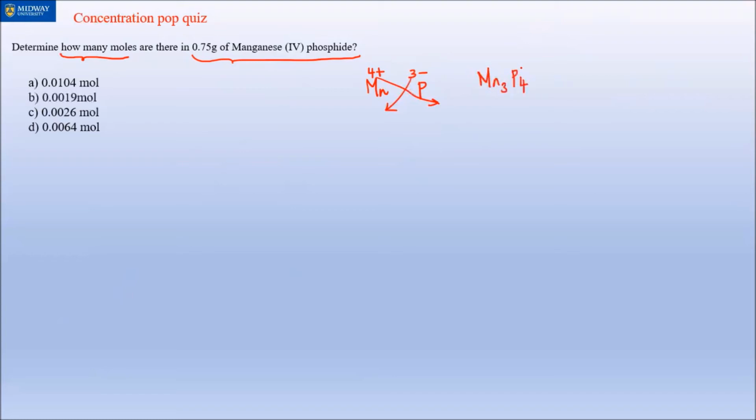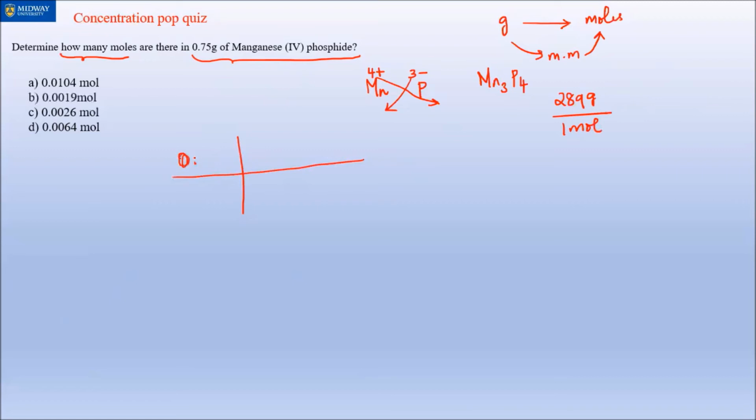Mn3P4. Again, we're going from grams to moles, so we have to go through molar mass as our liaison. The molar mass of this Mn3P4 is roughly about 289 grams over 1 mole. So as always, draw a block, put your given information, which is 0.75 grams, in the very first column, put a 1, and then 289 grams goes on the bottom.